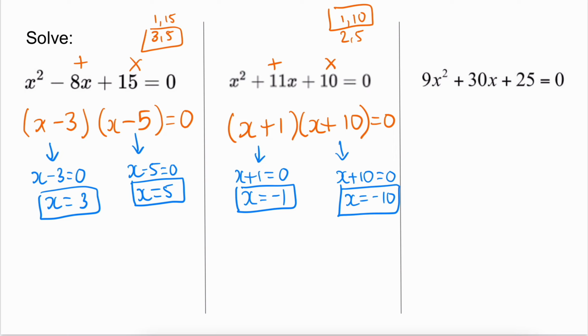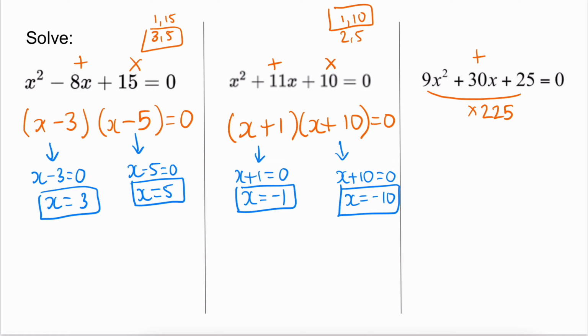So the last one here is a little bit harder because we have the 9. Okay, so it's not just a simple x and x in the bracket. So for this one, I'm having to say what times together to make 9 times 25, which is 225, and what adds together to make 30.